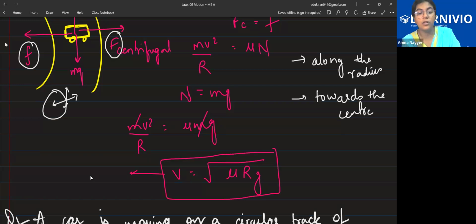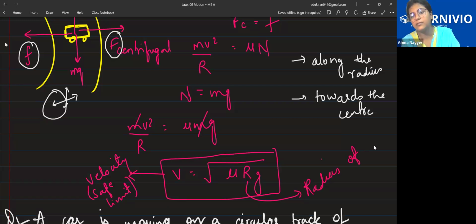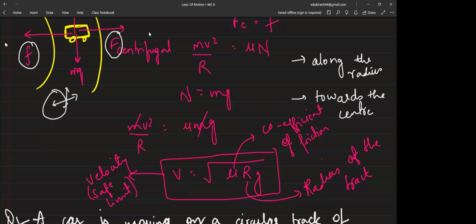This is actually the safe limit. And what is r? R is the radius of the track. Mu is the coefficient of friction. Write it.